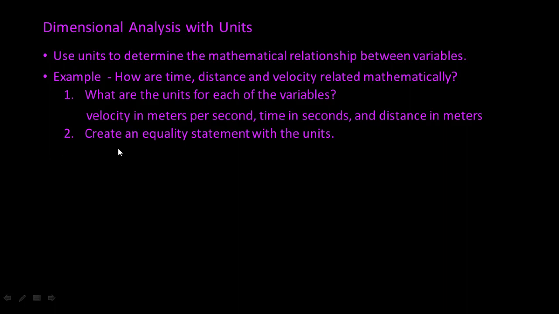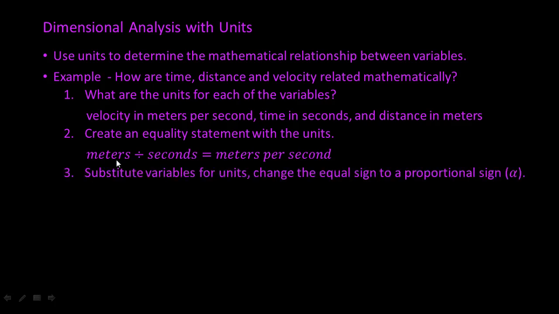So step 2, we create an equality statement with the units. So I have velocity as meters per second. Well, how can I get meters per second on the other side of the equation? Well, I simply do meters divided by seconds. So notice the units are equal to each other.